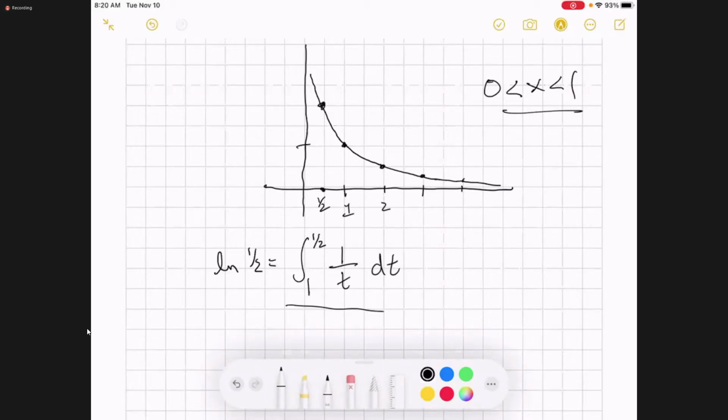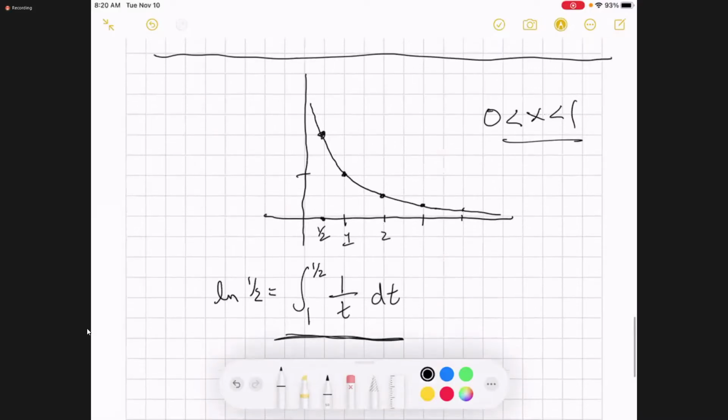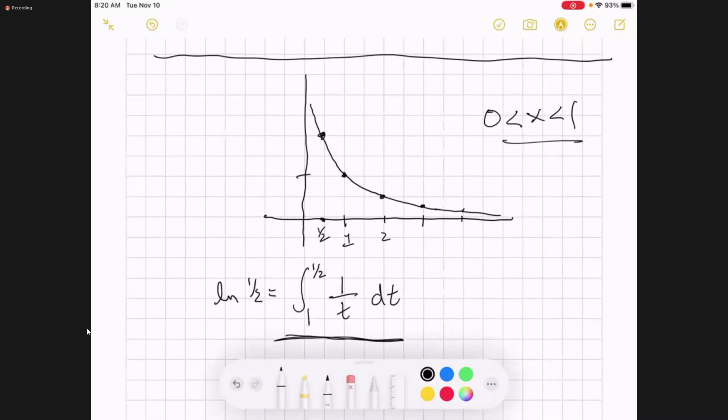Okay, what does that integral represent? Here's a half, and here's 1. Only the 1's bigger than the half.